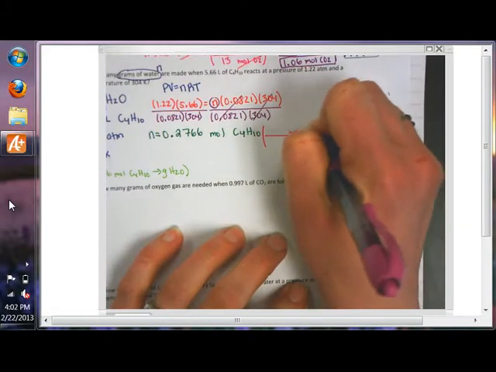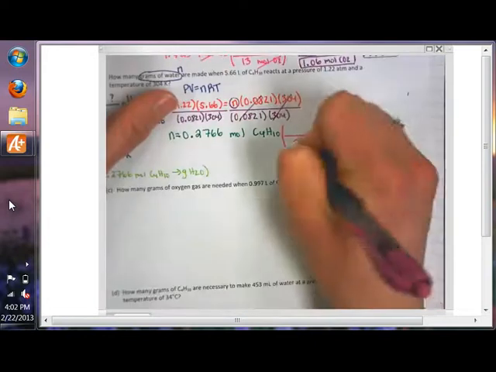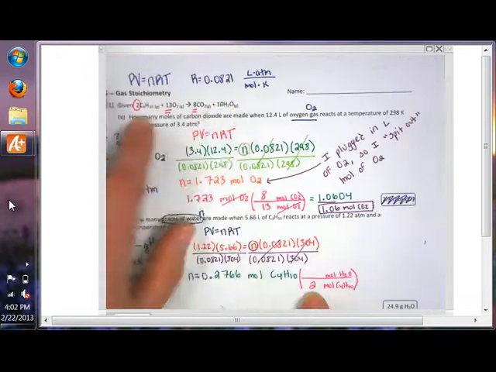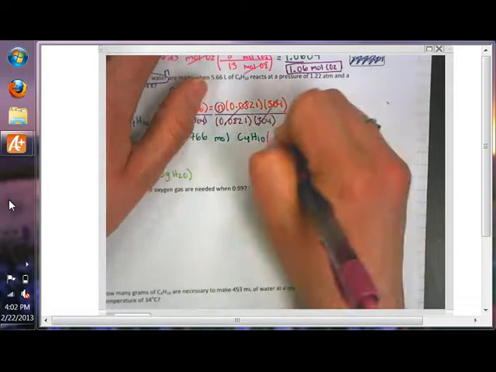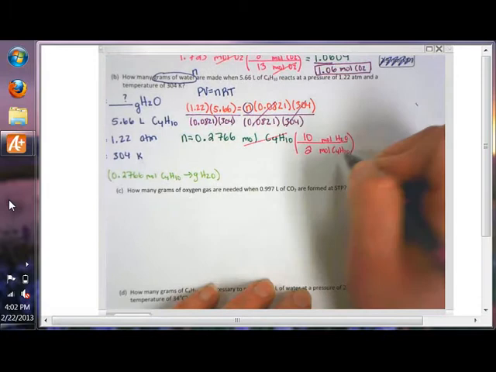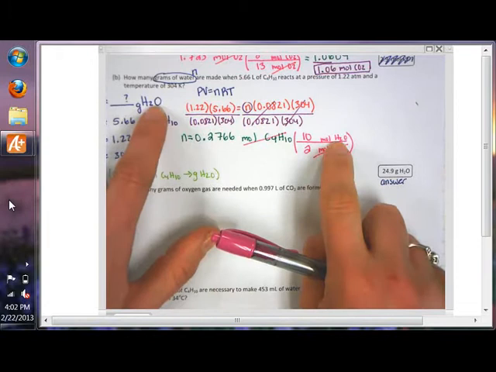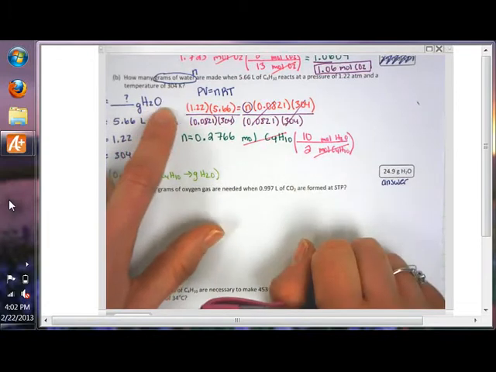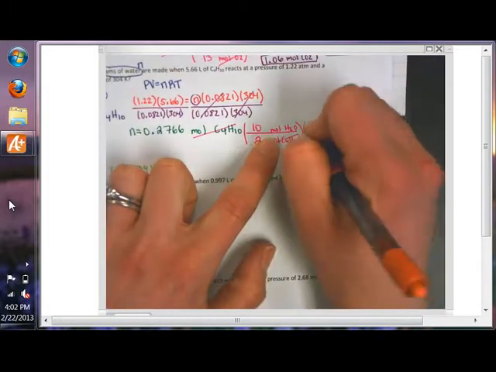So for every 2 moles of C4H10, there are 10 moles of water. So moles of C4H10 cancel out. Now I made the switcheroo from C4H10 to H2O, but they wanted grams of water. So now I'm just going to set up another conversion and go to grams of water.